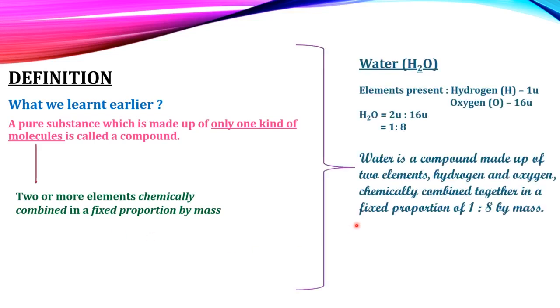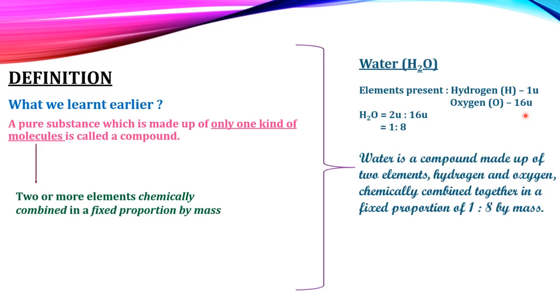Here I am mentioning a very simple example, that is water, H2O. When you consider water, what are the two elements that you can find? One is hydrogen with an atomic mass of 1 u, and the second one is oxygen with an atomic mass of 16 u.